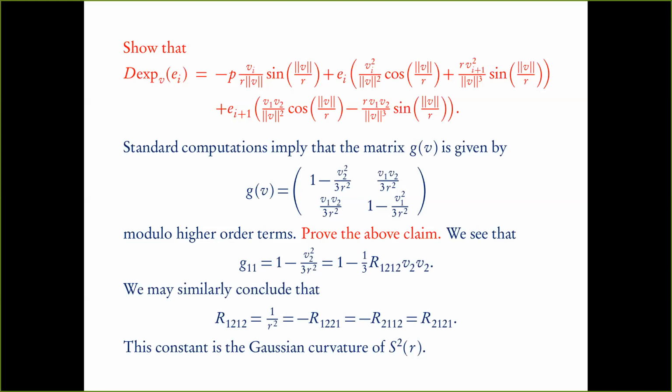So next time we're going to talk a little bit more about flatness, the converse to parallel transport independent of curve implies flatness, and talk a little bit about sectional curvature.